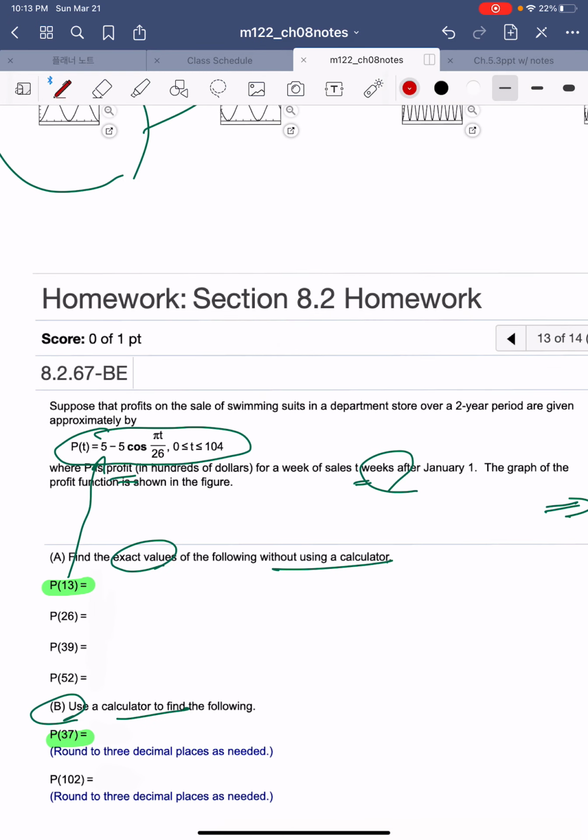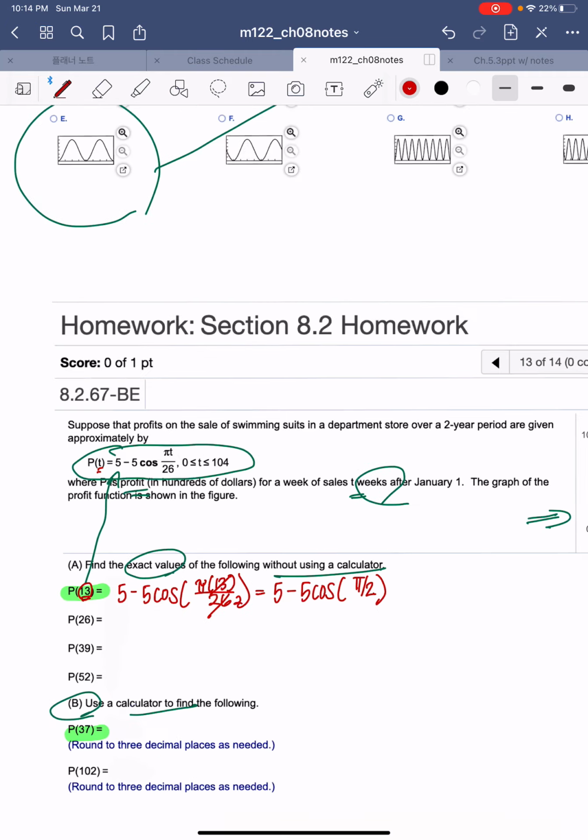My input is 13 for t, so 5 minus 5 cosine pi, t will be 13 now, over 26. Let's simplify. 13 goes into 26 how many times? Twice.